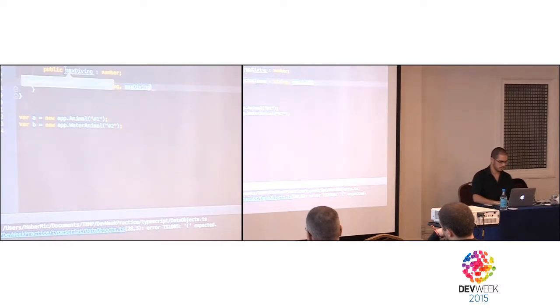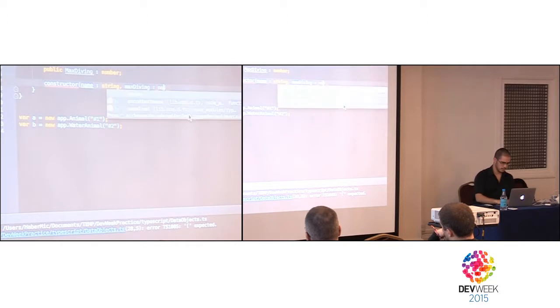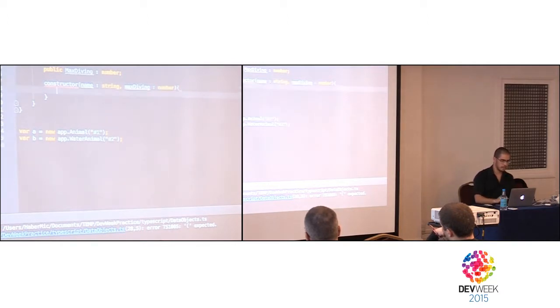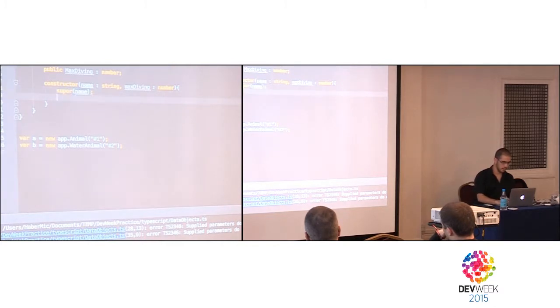Oops, let me make that capital. And also specify it's in a number. And now I need to call my base class with the name. So again, not base, but super, fine. Passing the name and saying this dot max diving equal to max diving. Okay, so this is the way I can do it.